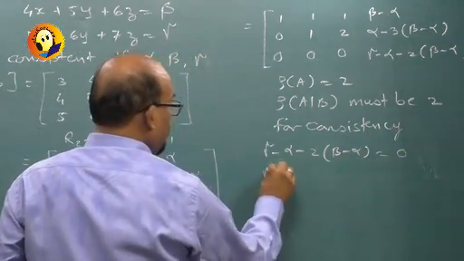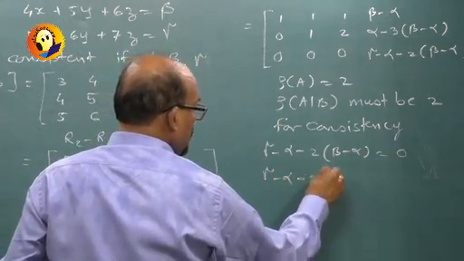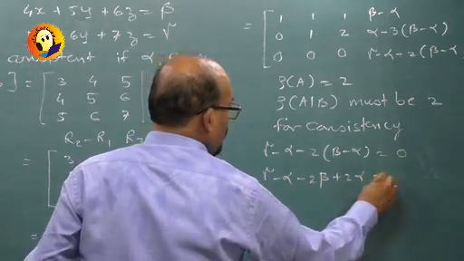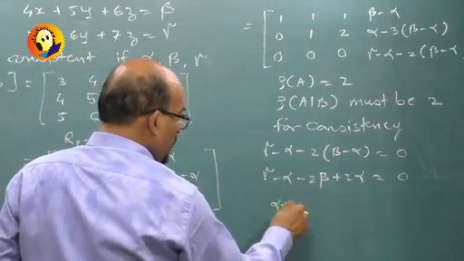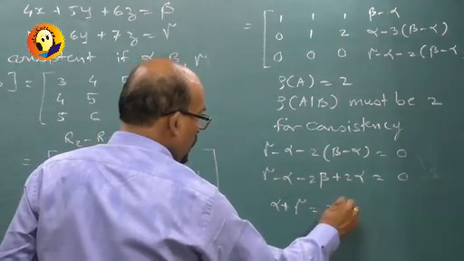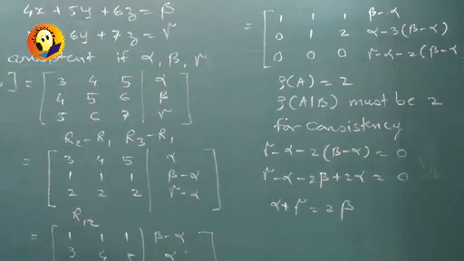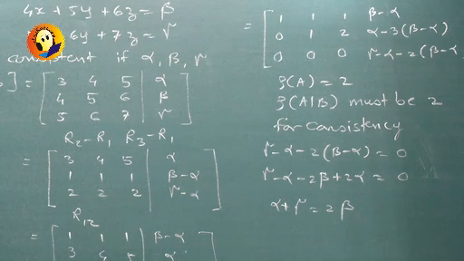So it is gamma minus alpha minus twice beta plus 2 alpha equal to 0. And what do we get? Alpha plus gamma is equal to twice beta. Directly, how? 2R2 minus R1 minus R3, then the middle row will again become 0, and here 2 beta.